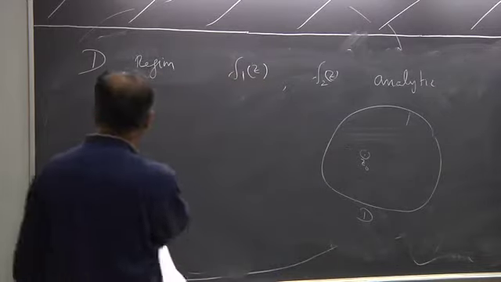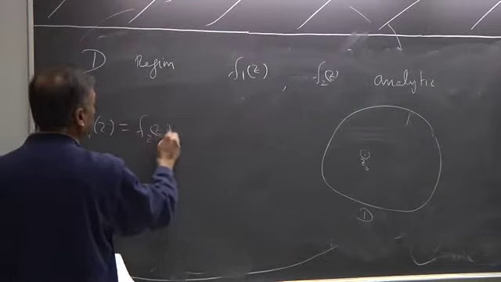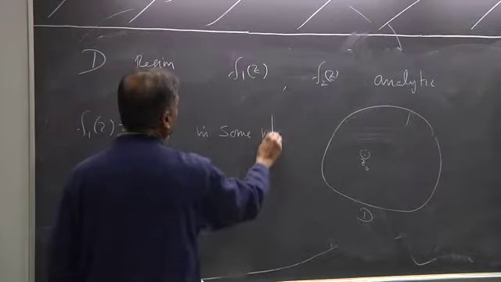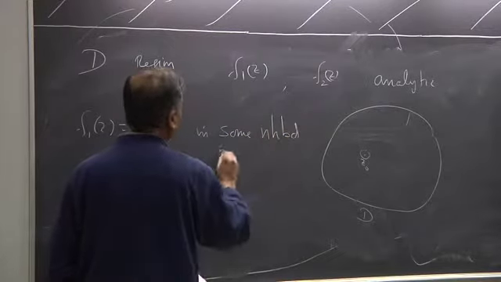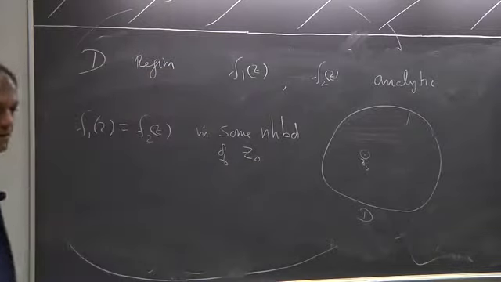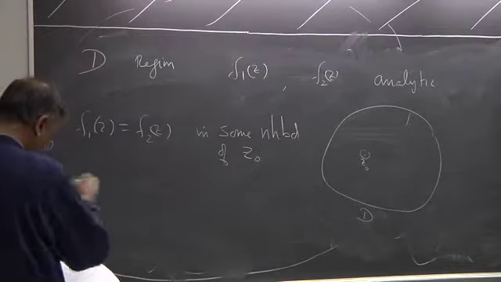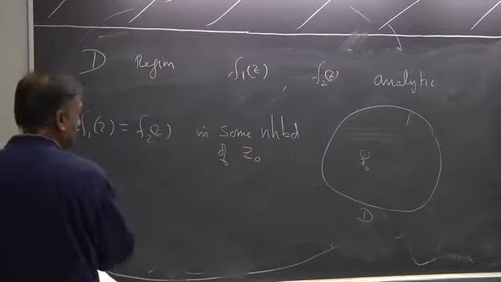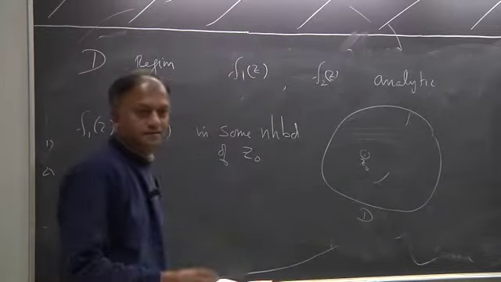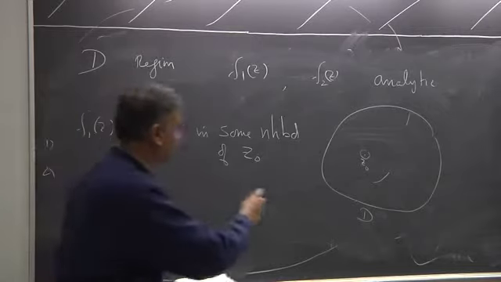So suppose f1 of z is equal to f2 of z in some neighborhood of some point z naught. Then either this, or suppose there is some small segment of some curve inside, let's call it C.